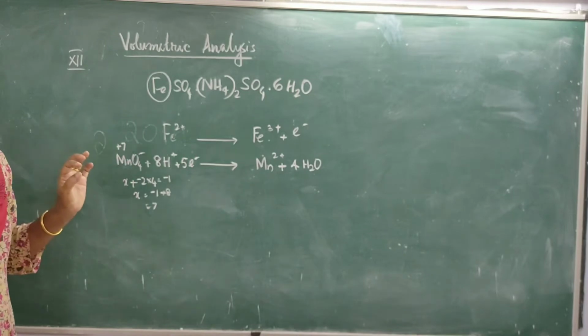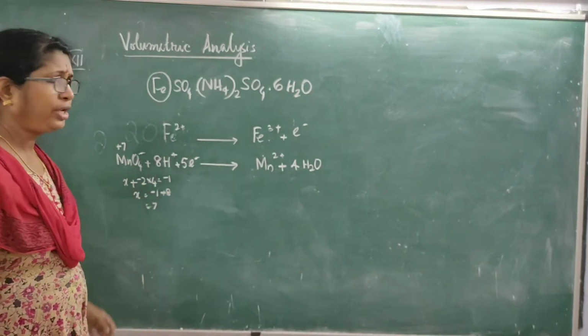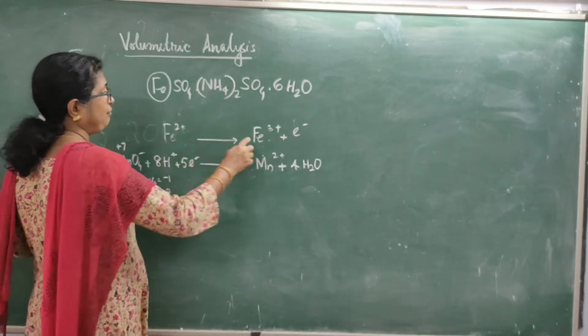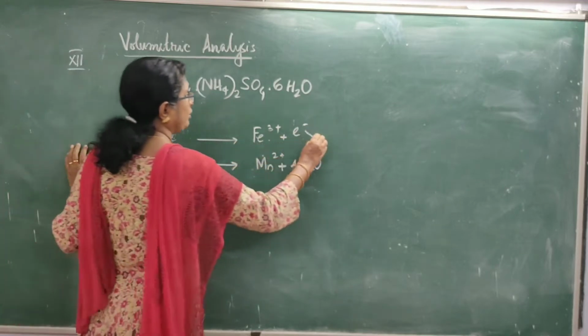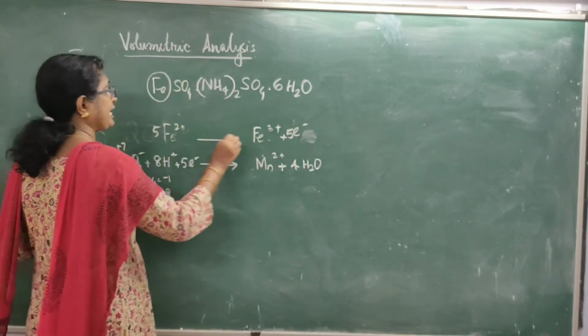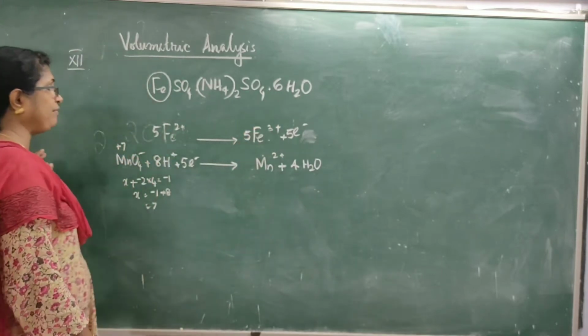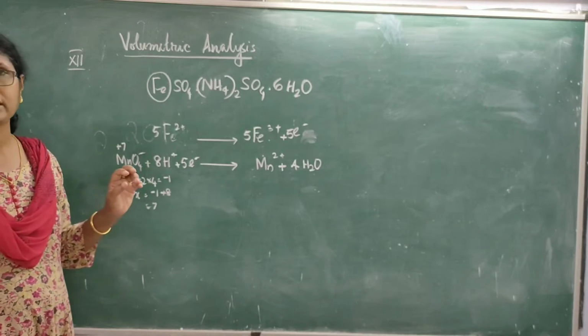So this is the reduction half reaction. Now the oxidation half reaction: Fe2+ is oxidized to Fe3+. Here there are 5 electrons in the reduction half reaction, so we make this also 5 electrons by multiplying this reaction by 5. So 5 Fe2+ gives 5 Fe3+ plus 5 electrons.